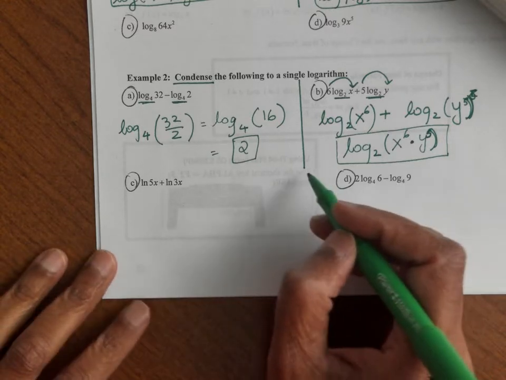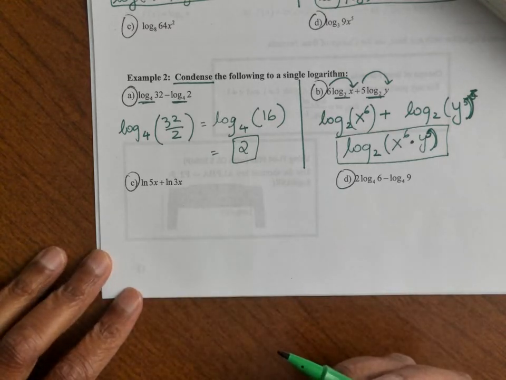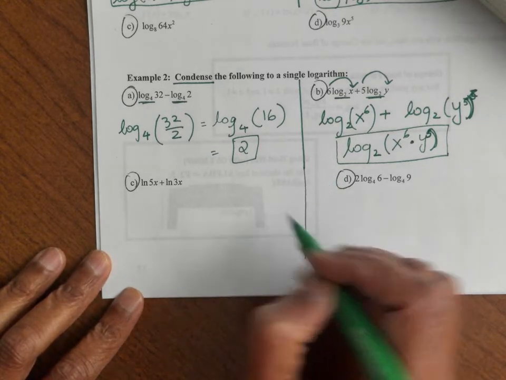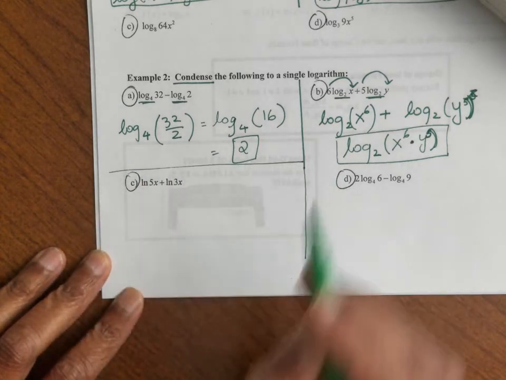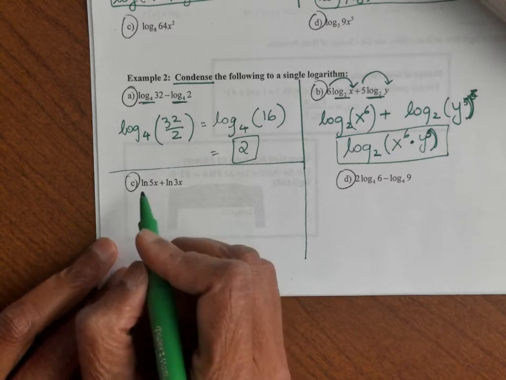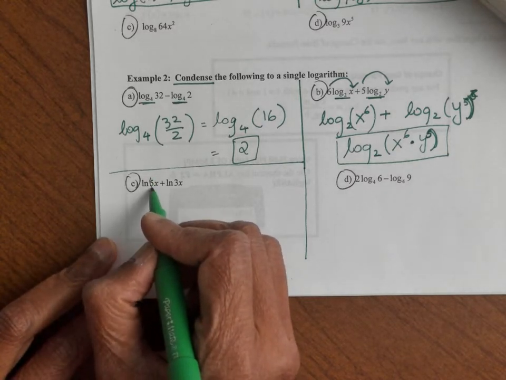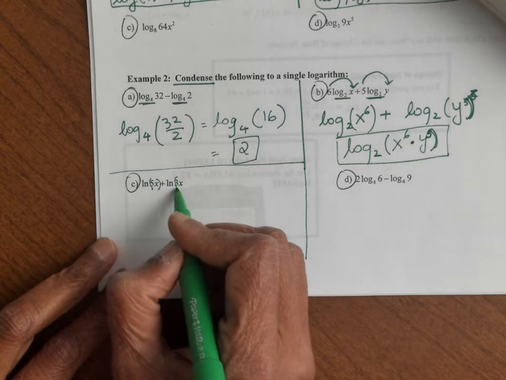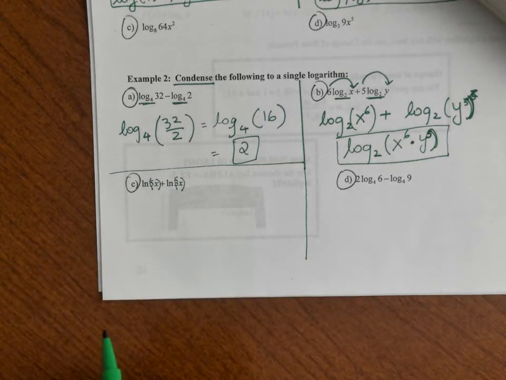Okay, let's do C. So C is pretty straightforward. The input for ln is 5x. The input for ln is 3x with a plus sign. So I should be able to combine them as 1.